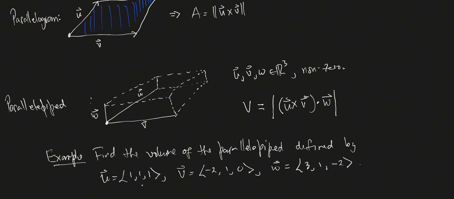So these are the vectors that define these three edges of this parallelepiped.